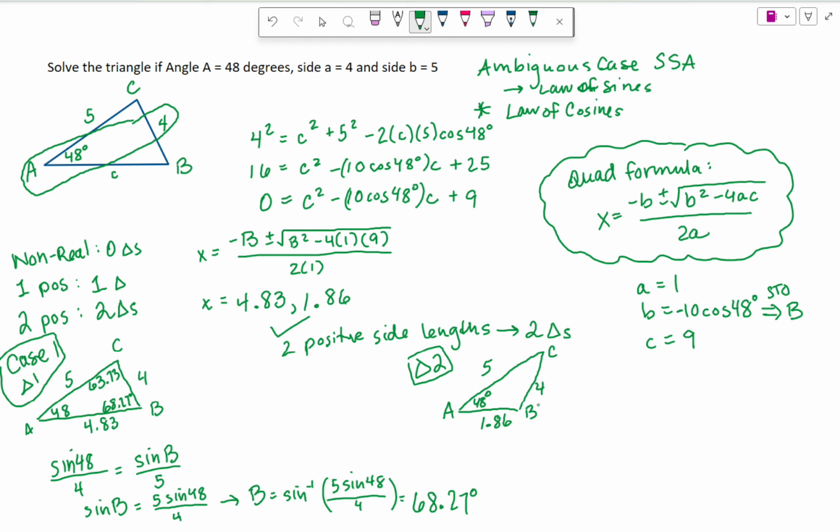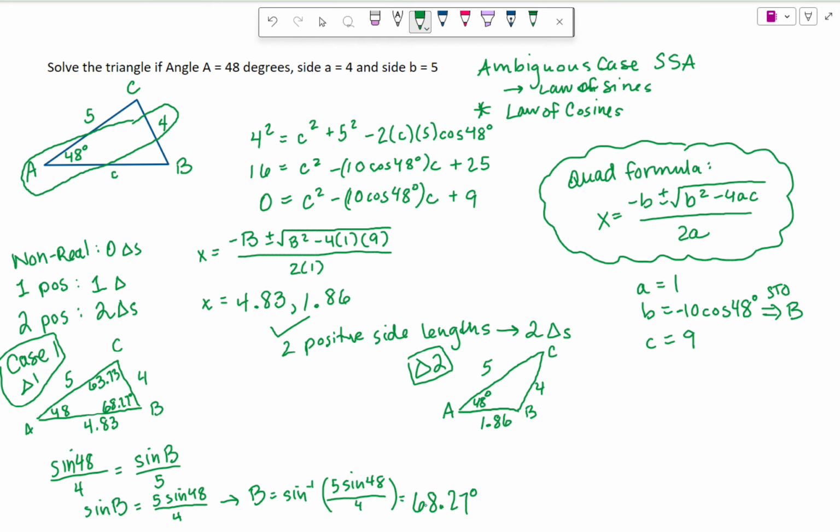I would just use the law of sines to find one of the other angles. So once again, I guess I can't really do angle B right away, but I could do angle C.